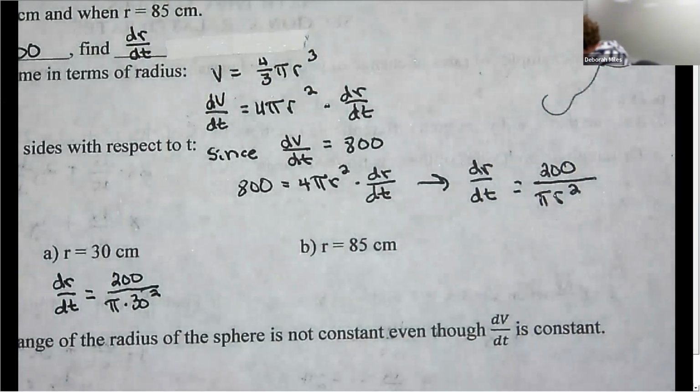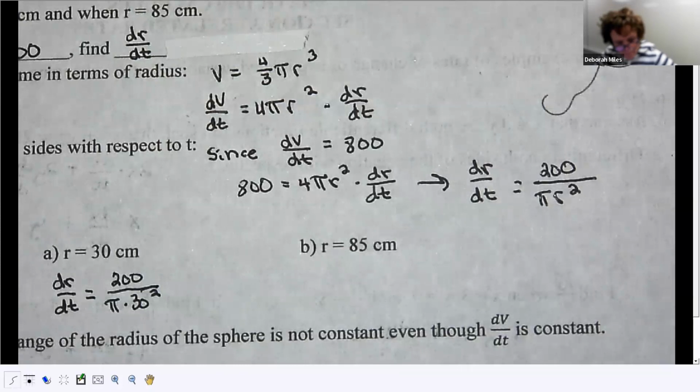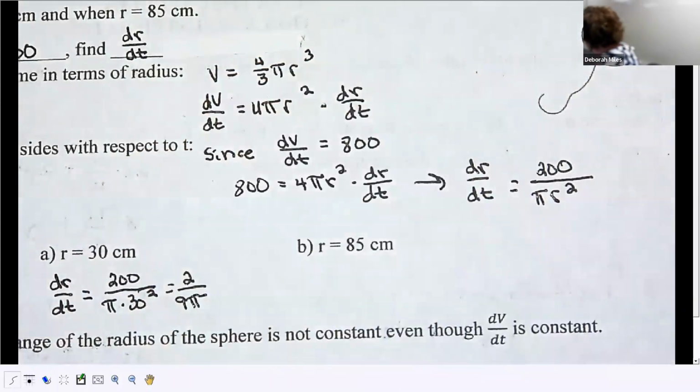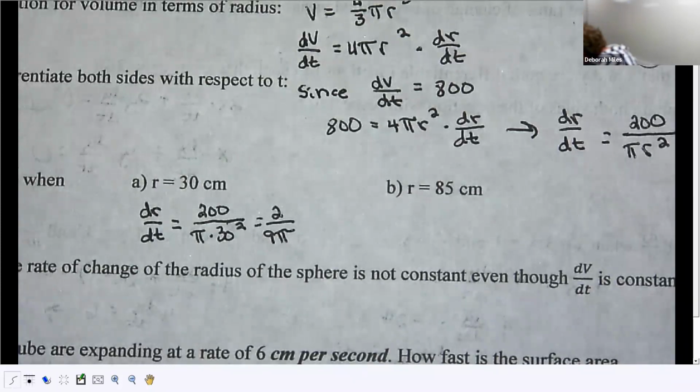And that's 200 over 900 or 2 over 9 pi. 30 squared is 900, and 200 over 900 just reduces to 2 9ths. And pi is still in the denominator. So 2 over 9 pi.